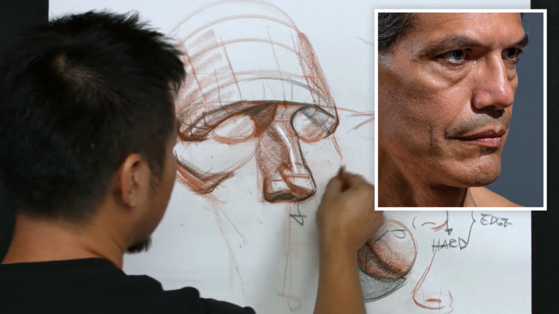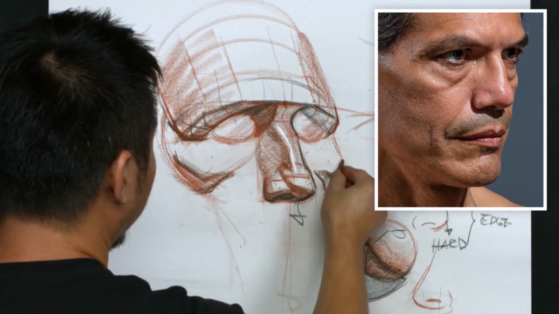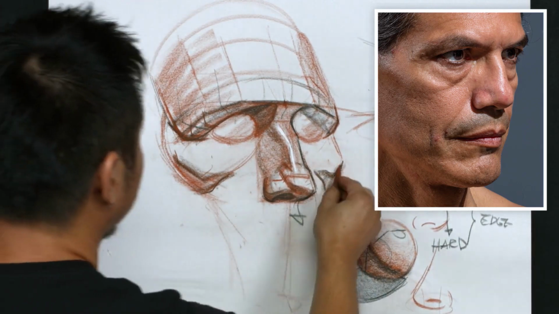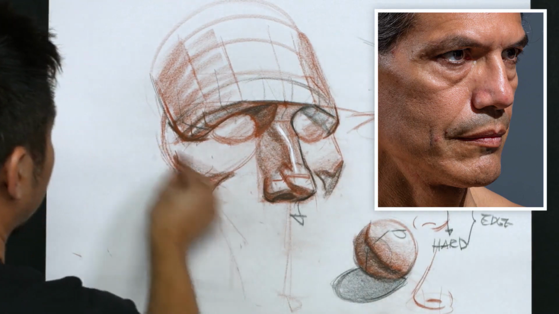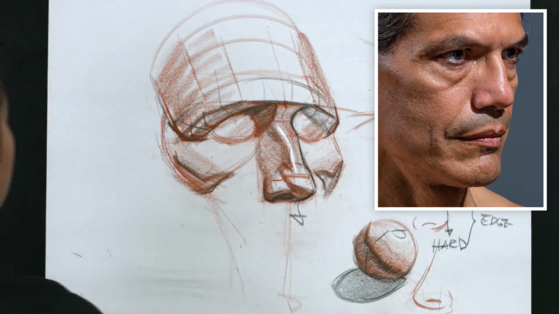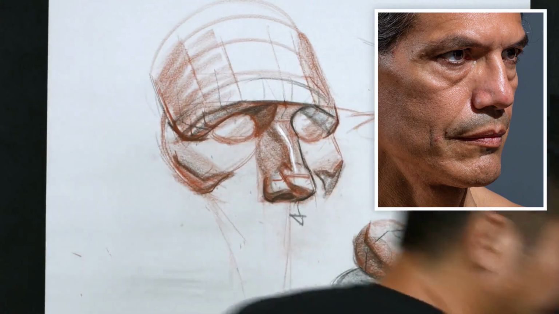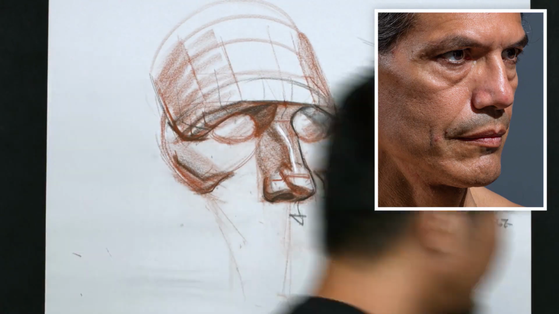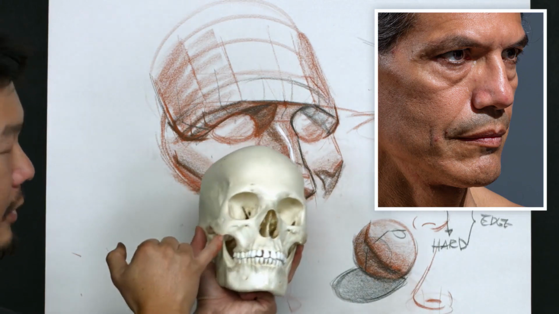And on this side, you can see it right here. That's our cheekbone. The corner of the cheekbone, this guy right here.